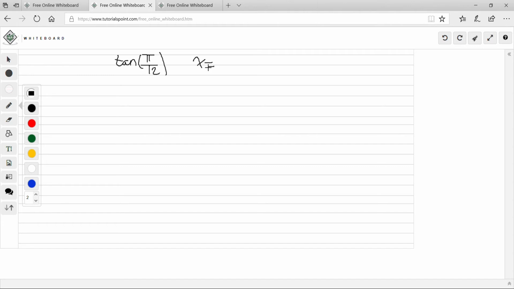Pi over 12 is 15 degrees, right? So we have to find two angles that, when subtracted, give you 15. I'll use alpha equals 45 and beta equals 30.